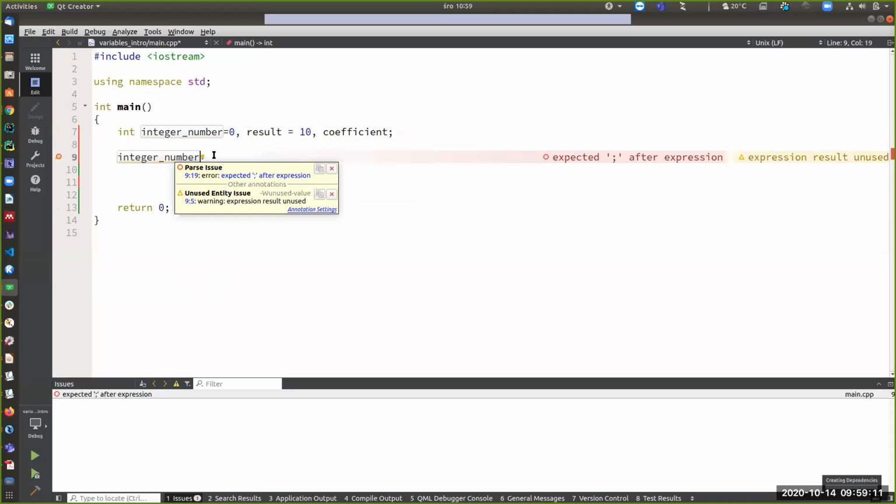So I can write two or three characters, and I can select the values from the context menu. Okay.